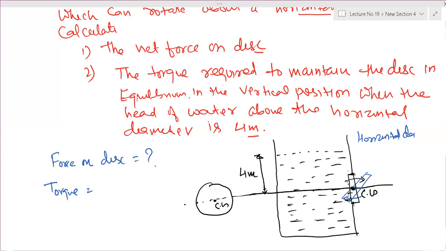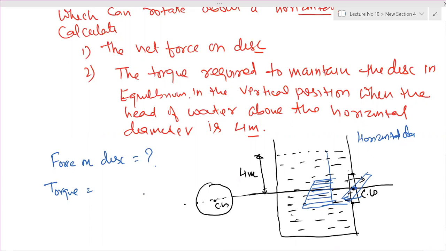Why will this disk rotate? Because the height is different, right? So different pressure will act. Here higher pressure will act, there lower pressure will act. So this is the pressure on the disk. Again, the center of pressure will be below the center of gravity.